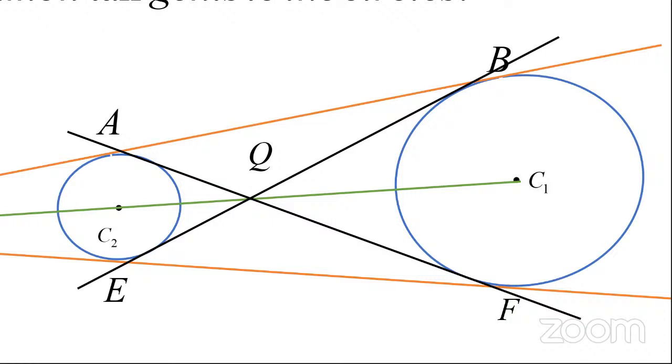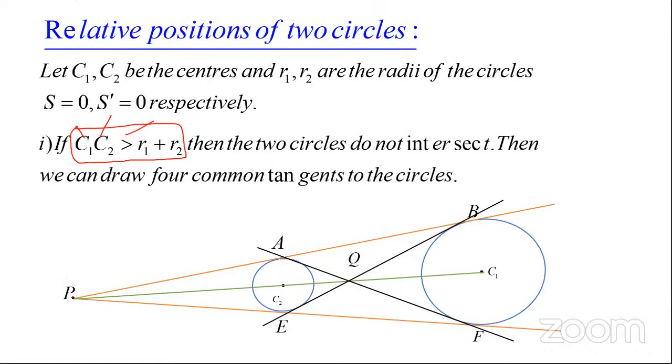From the figure, the tangents passing through P are called the direct common tangents to the circles, and the tangents passing through Q are called the transverse common tangents.